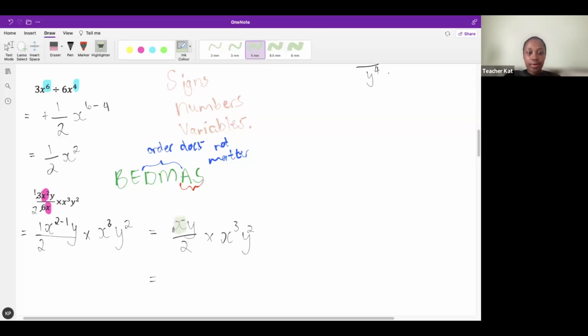Now, look, we have an x there and we have an x there. And then we have a y there and a y there. So x times x cubed. Tell me what I am writing. X to the power of what plus what?